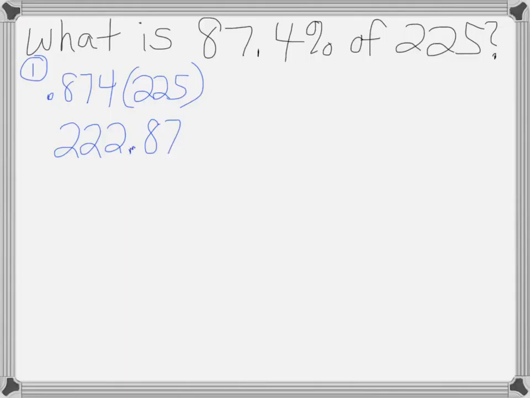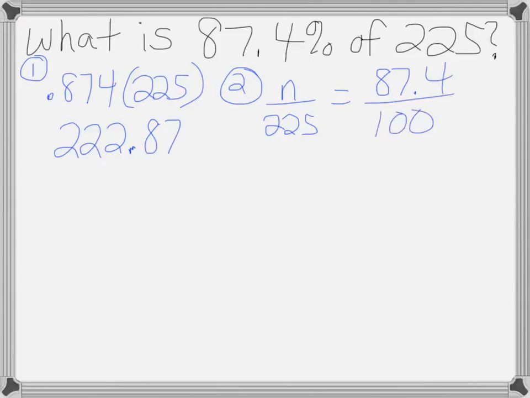But I wanted to show you that you can also use the is over of proportion to solve these if you just prefer to do every single problem the same way. The is number we don't know. What is? So that's the N. Of is 225, equals percent 87.4 over 100.